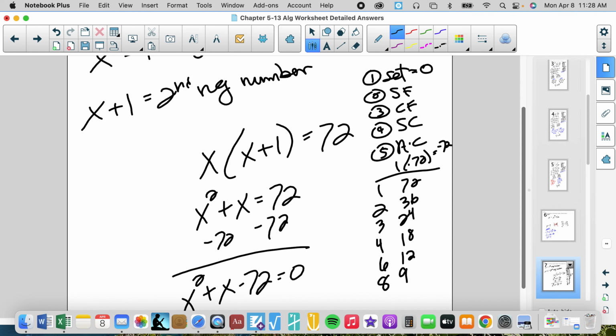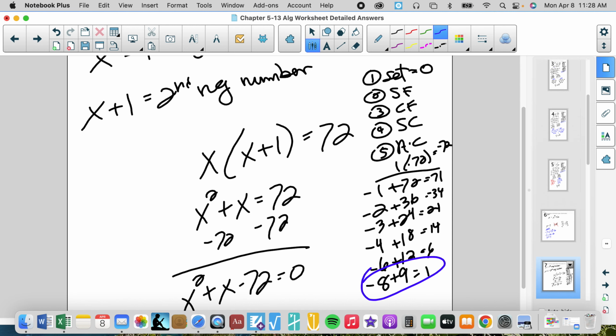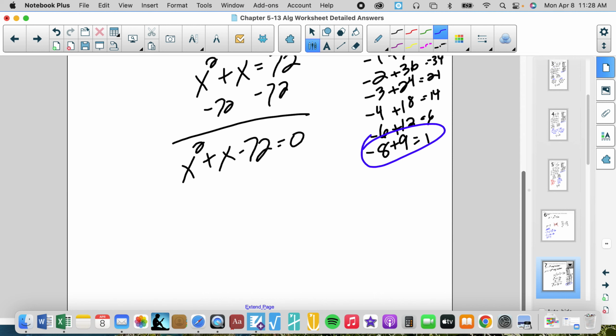Signs are different. Bigger is positive. 71, 34, 21, 14, 6, 1. Those are my middles. Wish they'd get a little bit more creative.